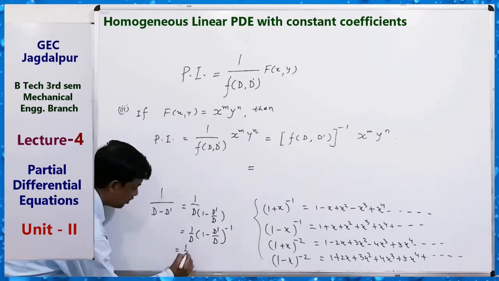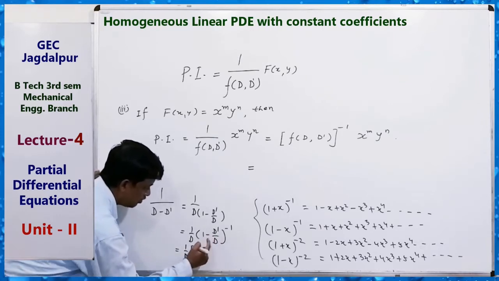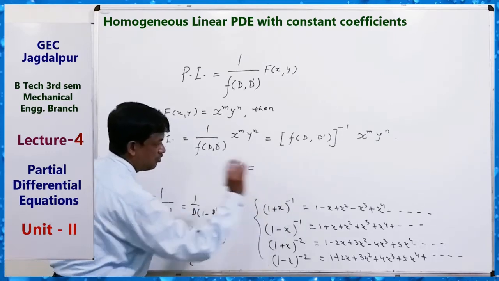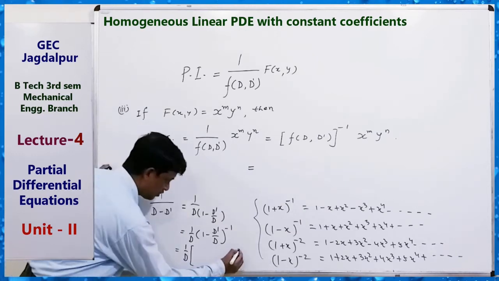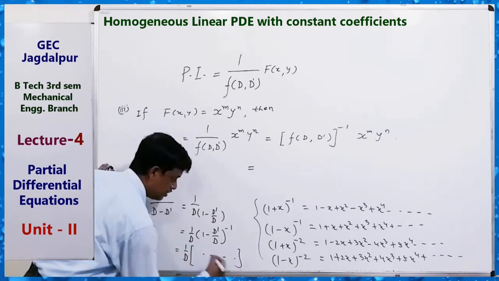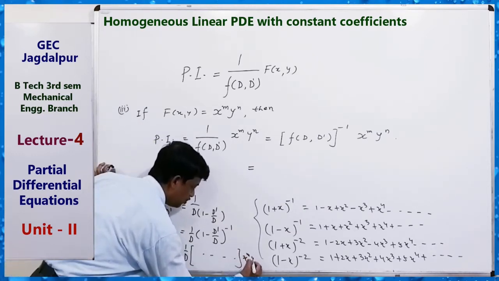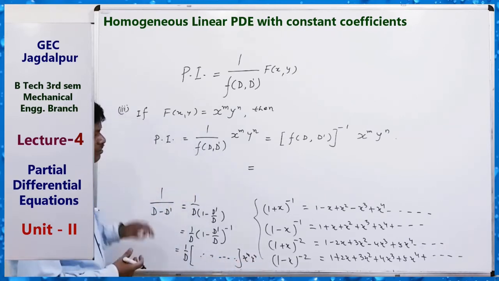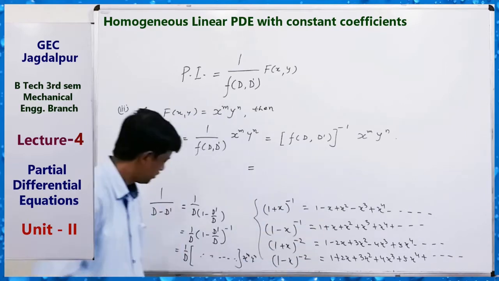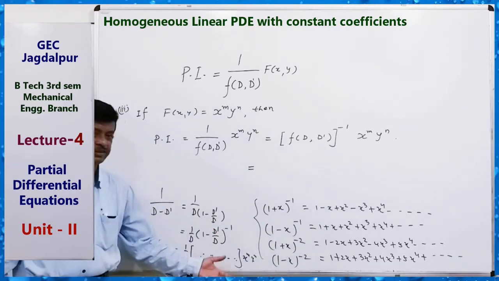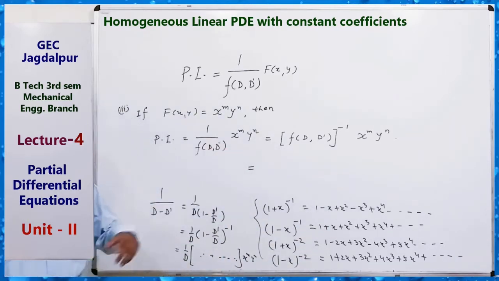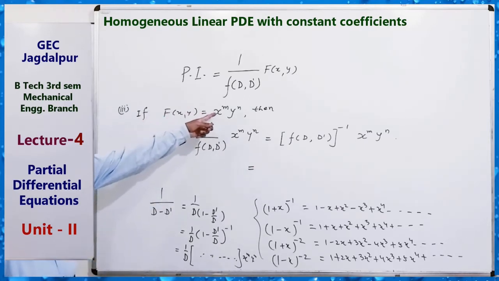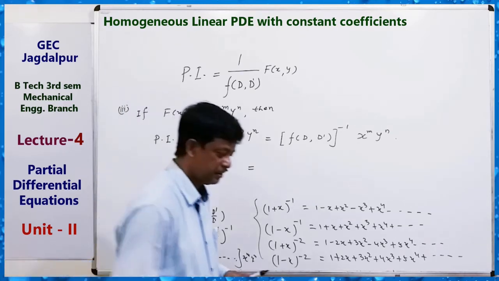Now this can be expanded by this rule, and here x to the power m, y to the power n. Now distribute it part-wise, then it can be differentiated, also integrated, and we can get the value.